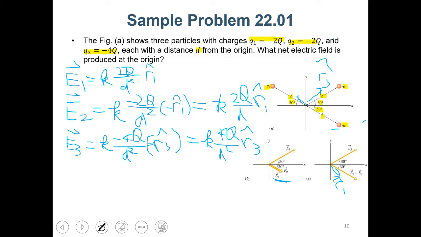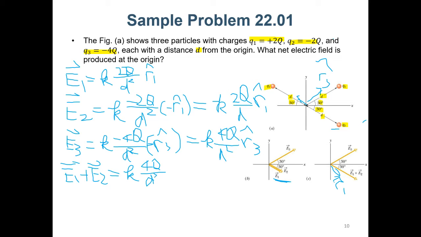So everything has a positive sign. And actually, E1 and E2 are the same. K 4Q over D square R1 hat.